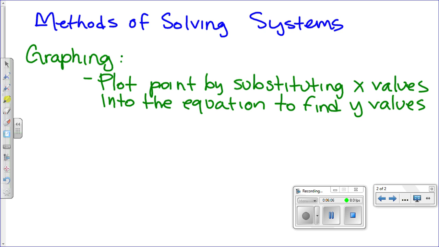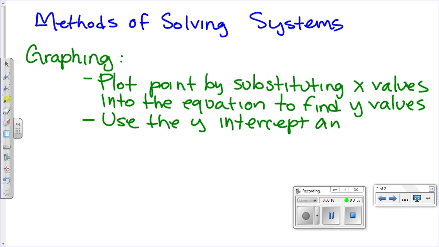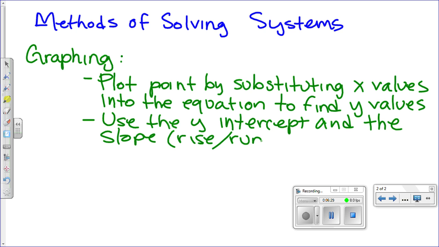So that is one way. Another way will be to use the y-intercept and the slope, which is the rise over run, to graph a line.